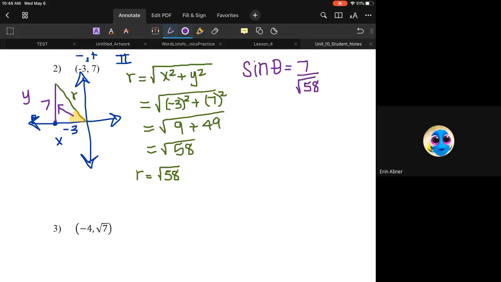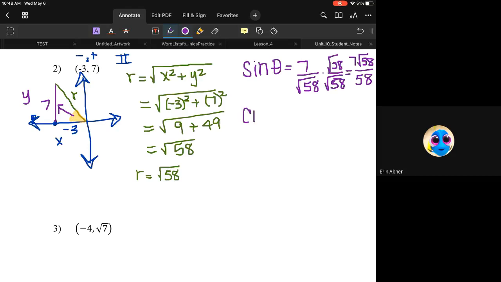Now you can rationalize your denominator by multiplying square root of 58 times square root of 58, and that is going to be equal to 7 square root of 58 over 58. Because if I have two of them, it's just the 58, since it's 58 squared and I could just pull 58 out. So that's what I'm looking for.